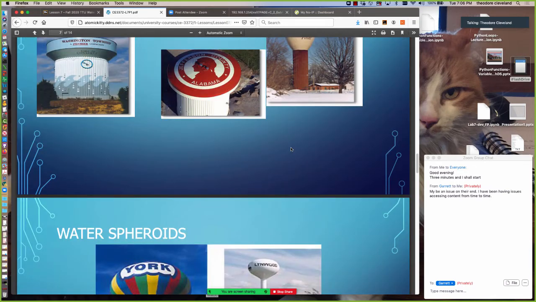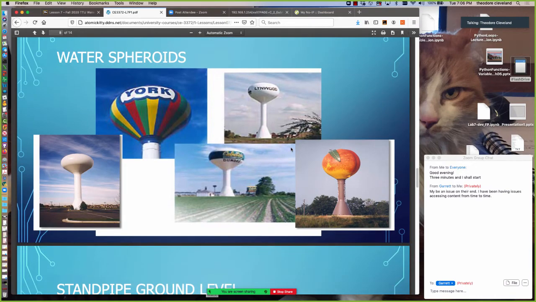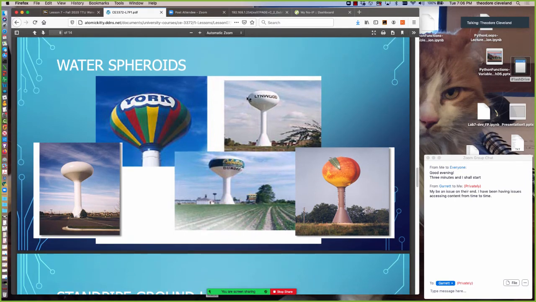Another common design is these ellipsoid or spherical or almost spherical tanks that are held up on a relatively narrow column. And so this is taking the standpipe concept to a logical extreme, where the standpipe part is pretty narrow.